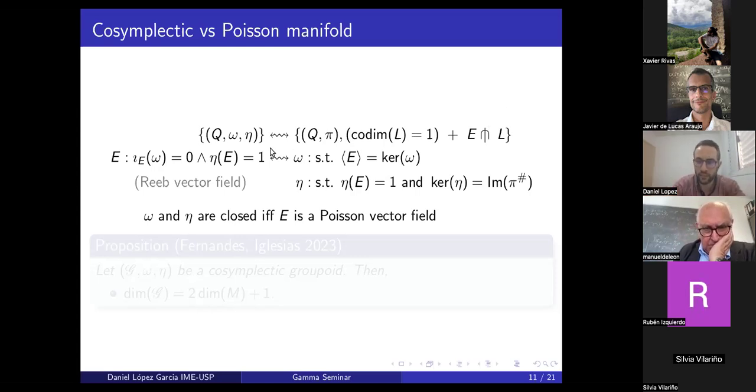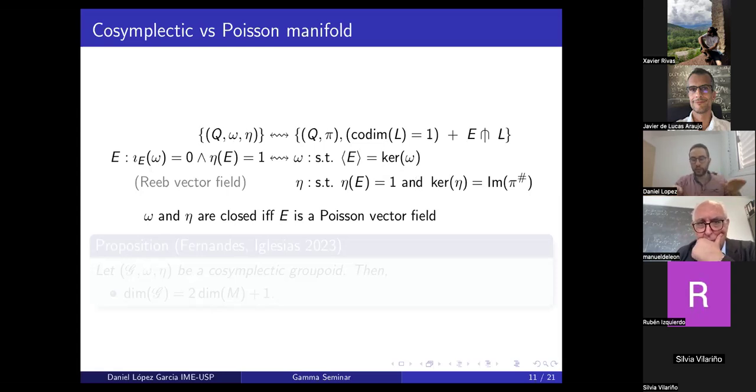Basically, a sketch of this correspondence is just by considering this. If you start with a cosymplectic manifold, you can produce this vector field just by considering the Reeb vector field, which satisfies this equation, as usual. And if you start with a regular Poisson manifold of codimension 1 and this vector field, you can produce your omega just by extending in the direction.